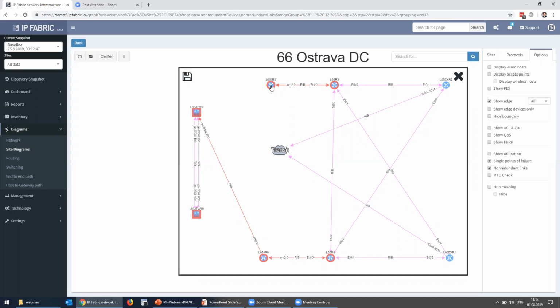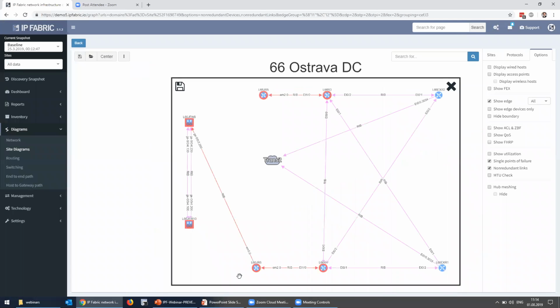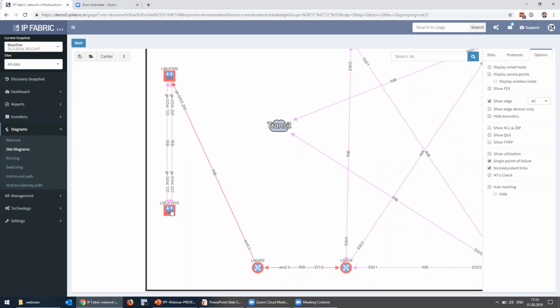Of course, here there is a problem that there is no routing session that would go from router 5 to firewall 9 and from router 6 to firewall 10.